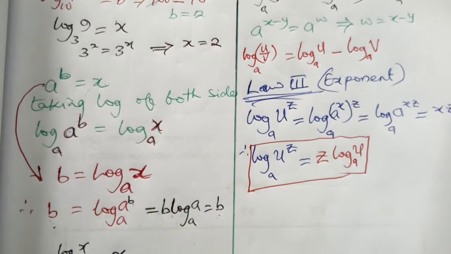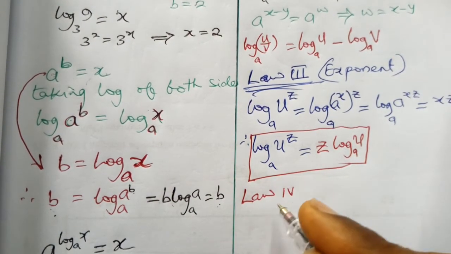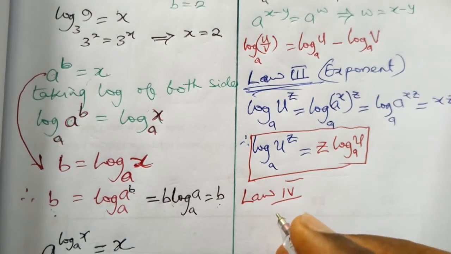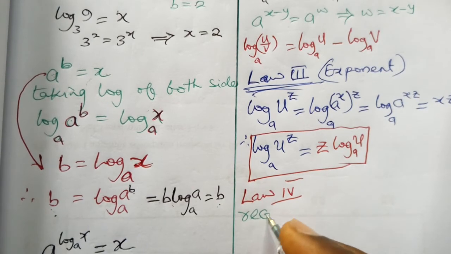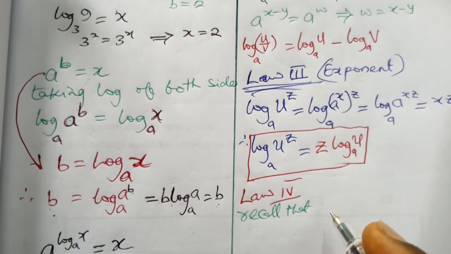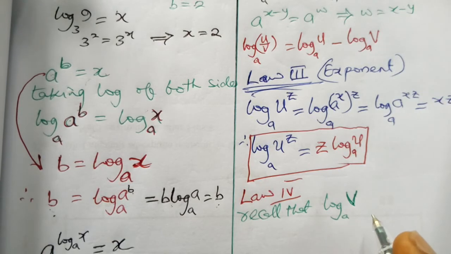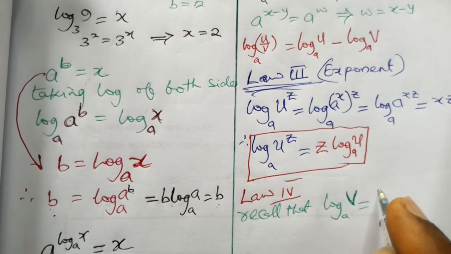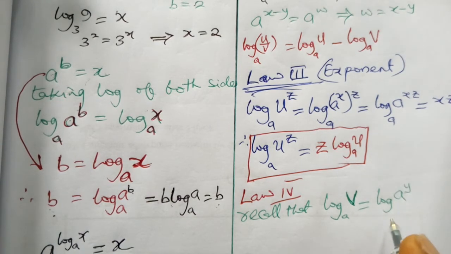Let us do one final one and call it law 4, if you like. Recall that we have said that log v base a is equal to log a^y base a, from our definition of v, where v is a raised to power y.